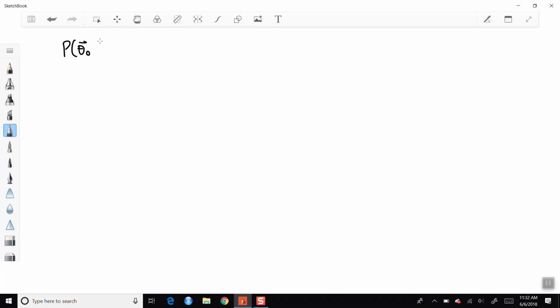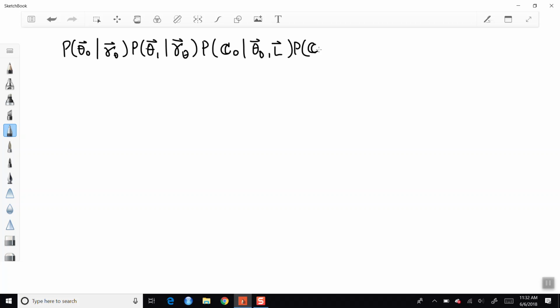the theta 0 vector given gamma theta, and the product of the theta 1 vector given gamma theta, and the probability of corpus 0 given gamma theta 0, and the labels, and the probability of corpus 1 and theta 1 given the labels, will become the product of all of these things.